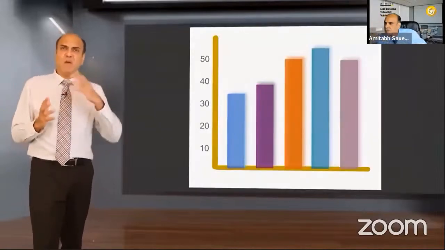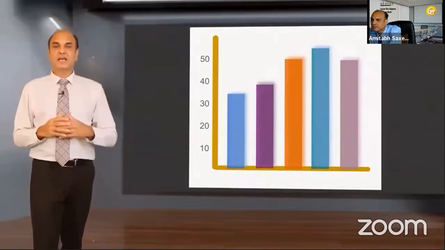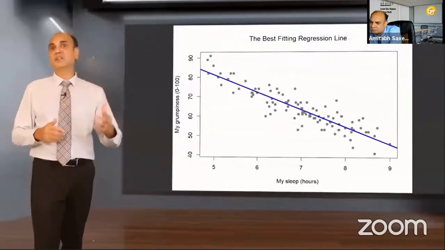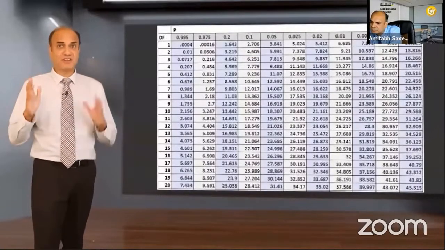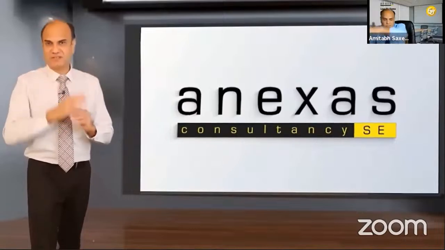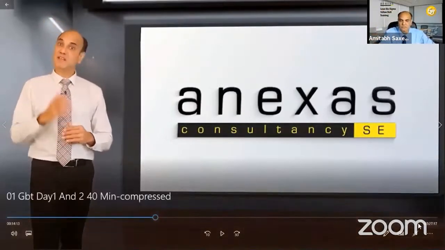If you are dealing with combination of continuous and attribute, like in inferential statistics, then you may be using box plots and scatter plots and regression, ANOVA, chi-square, etc. So the tool usage depends on the type of data you are dealing with. So it is very important to understand the types of data. More about it, we will discuss.